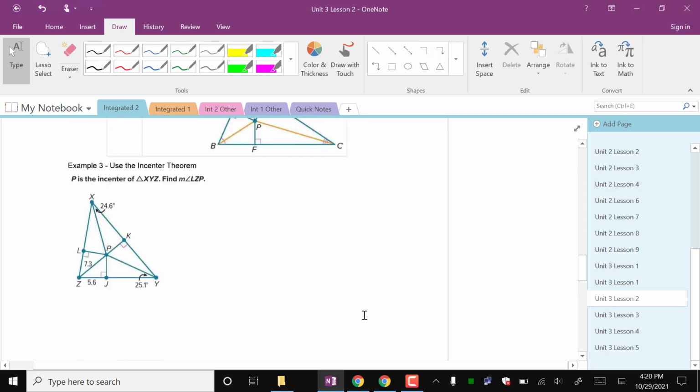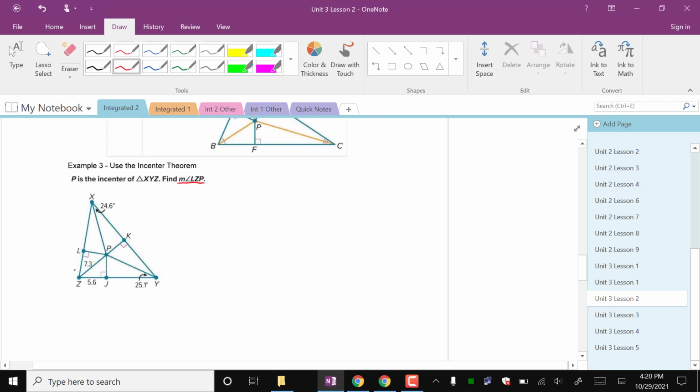So we're going to use the incenter theorem. P is the incenter of triangle XYZ. We want to find the measure of angle LZP. So this measure right here, we want to find the measure of this.